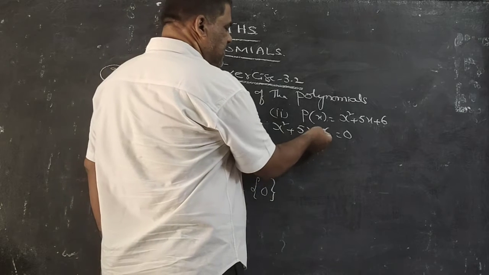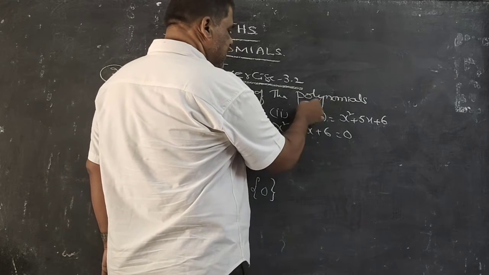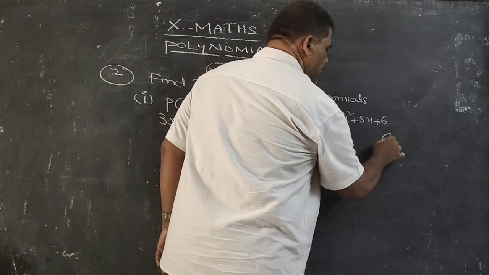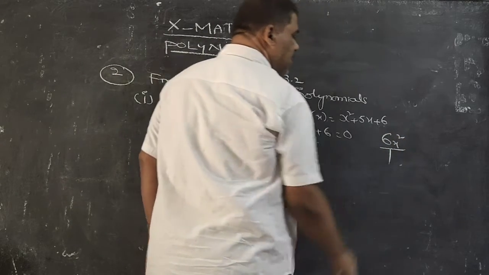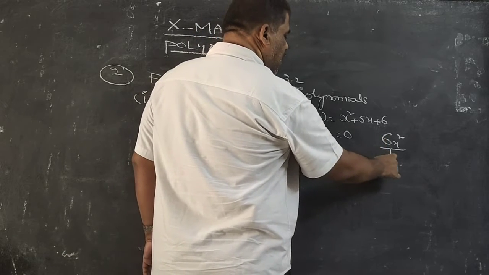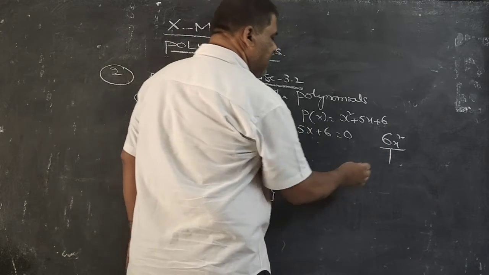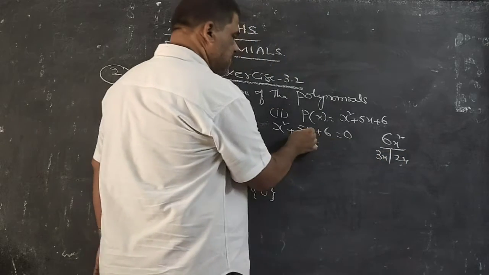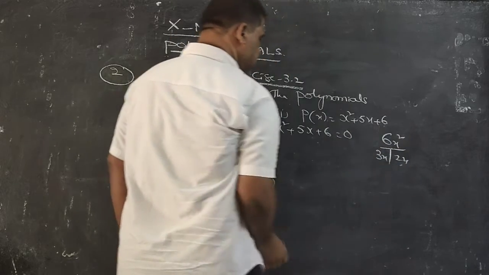Now we should factorize. In factorization, the last term should be multiplied with the first term, 6x square. Divide this 6x square into 2 factors. On adding the 2 factors, we have to get the middle term, that is 3x and 2x. If you add, it is 5x. If you multiply, it is 6x square.